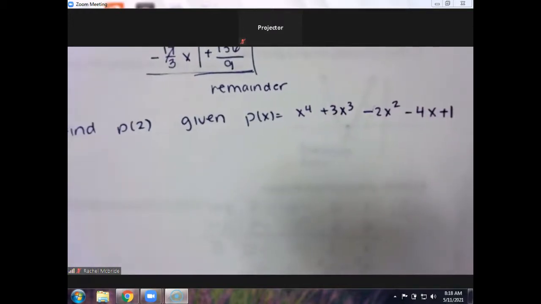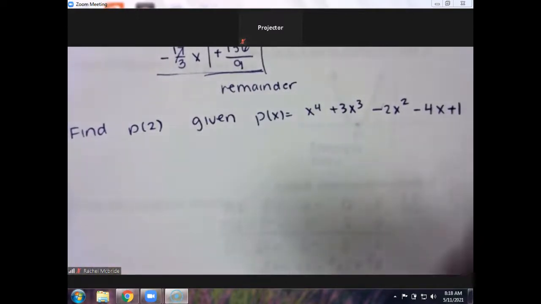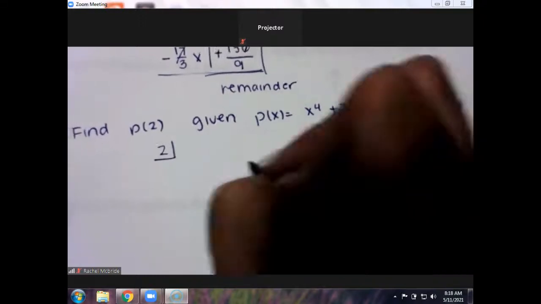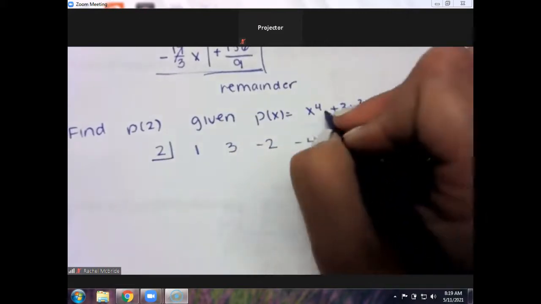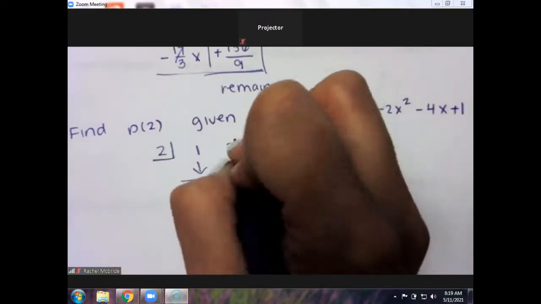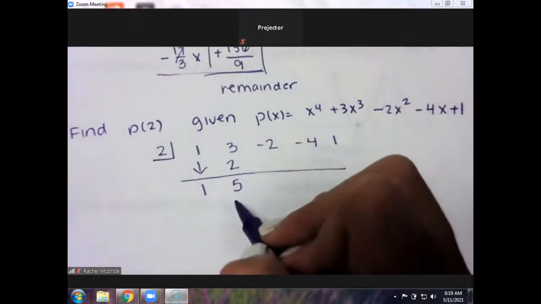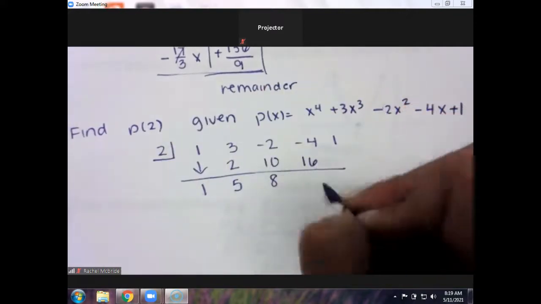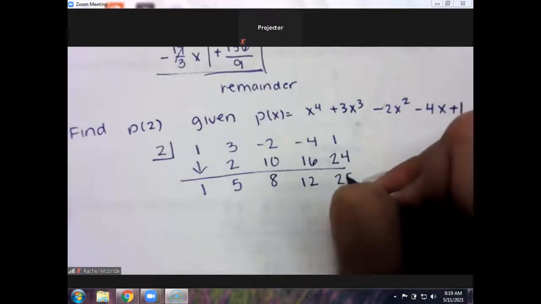So if you want to find this using synthetic, it means you put your 2 in the box, coefficients across, so you bring down the first, multiply, add, multiply, add, multiply, add, multiply, add.